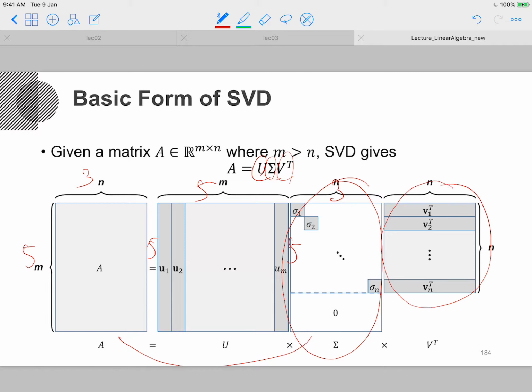On the left and the right, those two will be square matrices. In the middle, it is almost like a diagonal matrix. We have the diagonal entries here, zeros elsewhere, and additionally all zeros in this non-square part. So this is the default shape of the singular value decomposition.